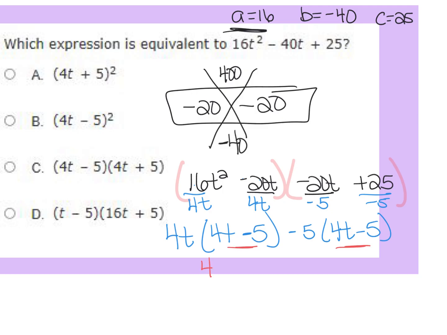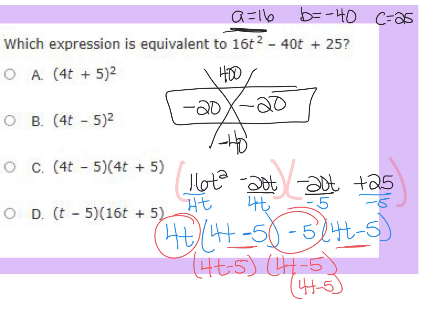So this is one of my terms, 4t minus 5. My other term is the greatest common factor, what I pulled out, 4t minus 5. They just happen to match, so I'm going to rewrite this as 4t minus 5 to the power of 2.